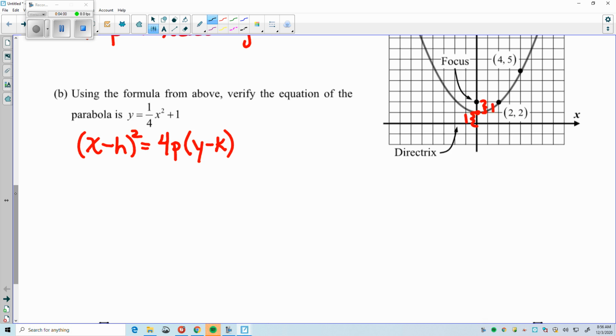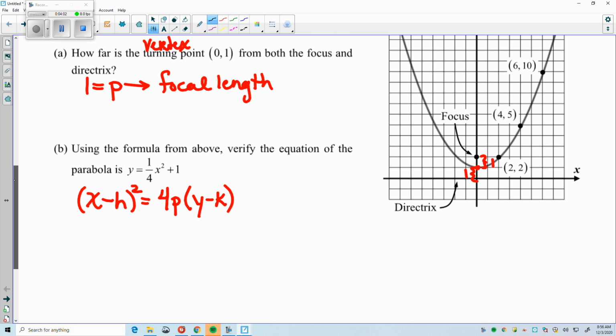So we're going to plug in what we know. That vertex, that turning point, is (0, 1). So I have (x minus 0) squared is equal to 4 times p. p is 1. These two numbers are all being multiplied by (y minus k), and our k value is 1, again, from the vertex.